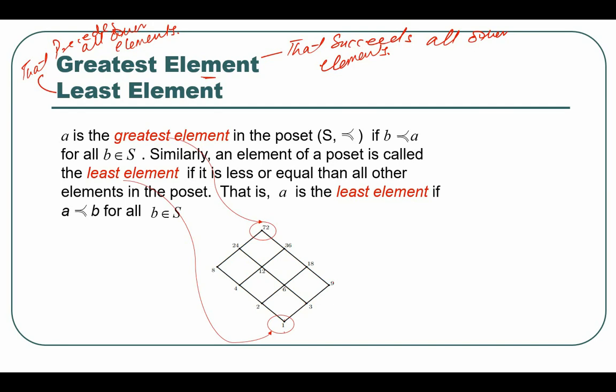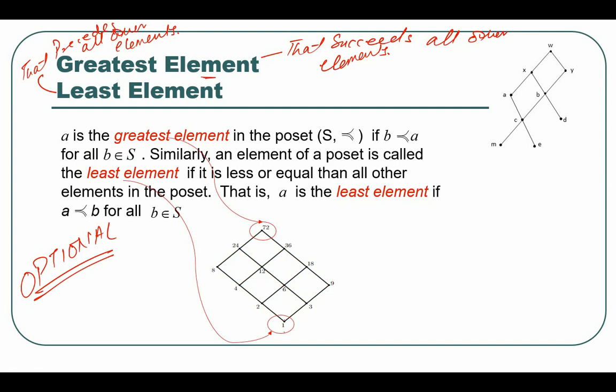Now, it is not necessary that you will get a greatest and a least element. Greatest and least element are optional in nature. There might be cases that you do not get a greatest element or you do not get a least element. Let's say a simple example. Here I can very well see that I have this element W that is the greatest element.